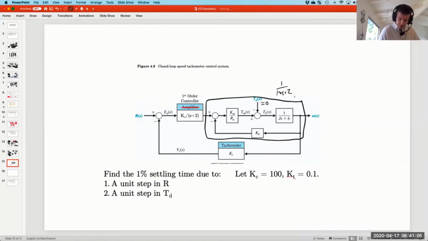So the new block diagram is the reference signal comes in, and we're told that K sub C is 100 over s plus 2, our controller block. And that goes into 1 over 10s plus 2. And the feedback gain is 1/10.